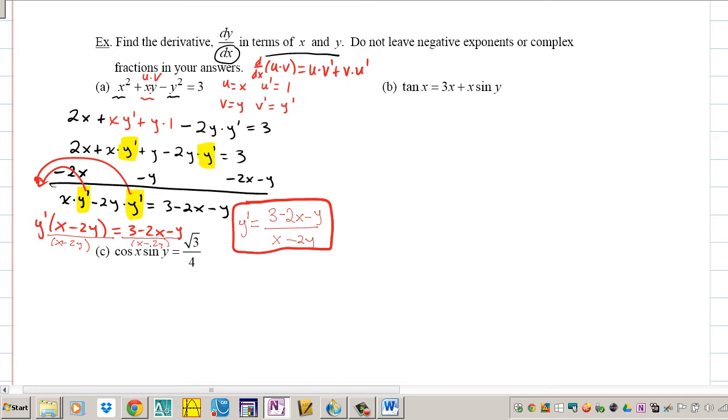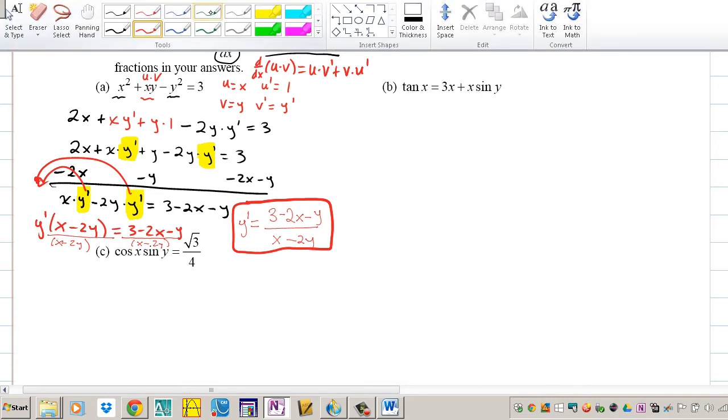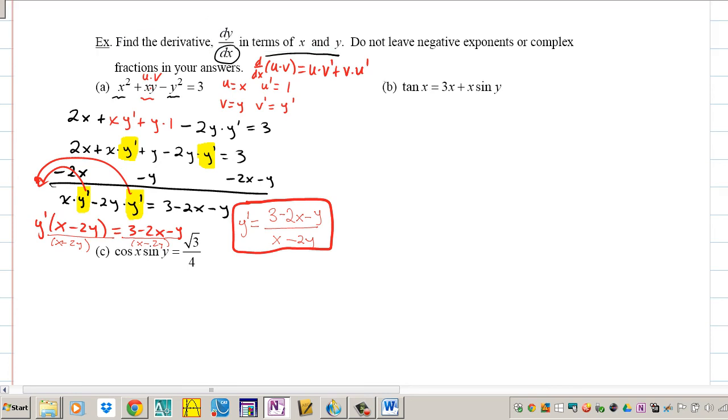Letter B is a little bit easier. Well, no, I'm lying. I'm sorry. Here's letter B. If I want to take the derivative with respect to x, then we all know what the derivative of tangent x is: secant squared x, equals the derivative of 3x, which is 3, plus the derivative of x times sine y, which is a product rule.